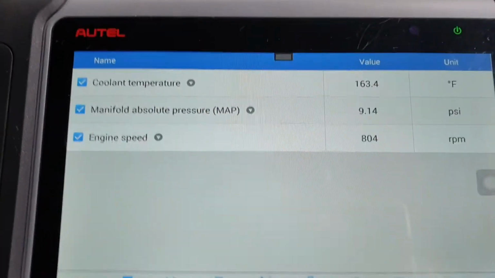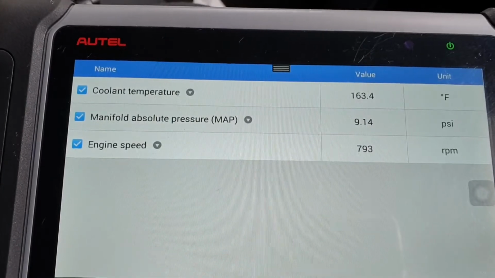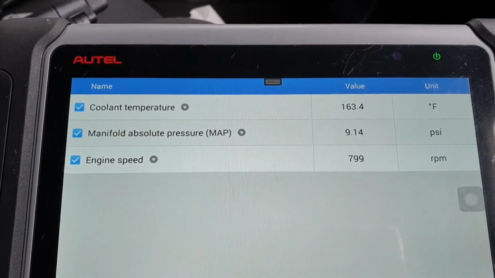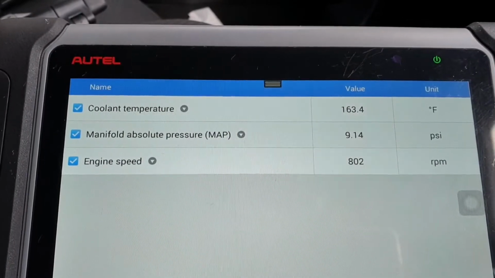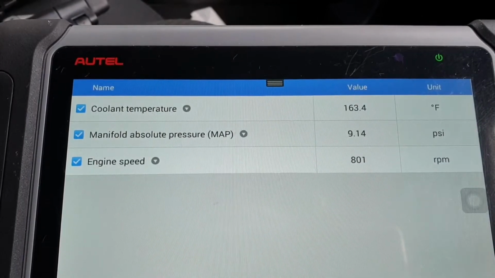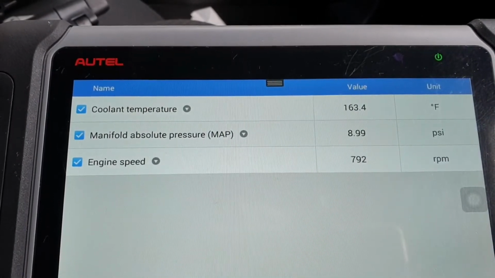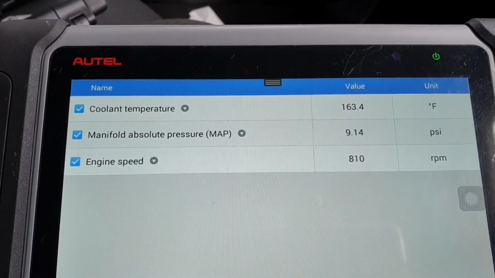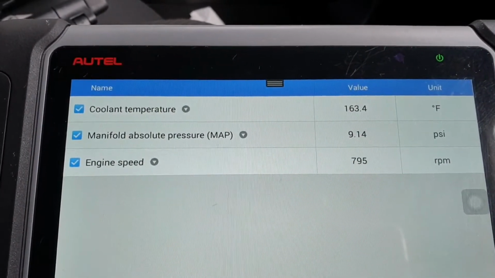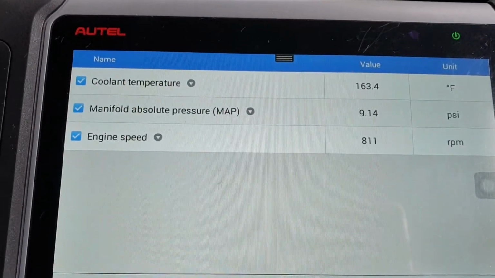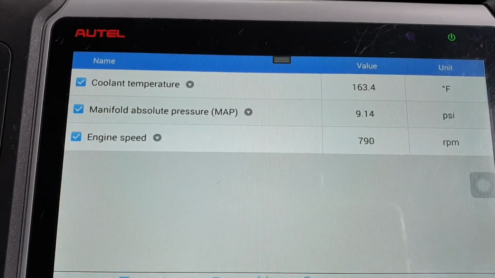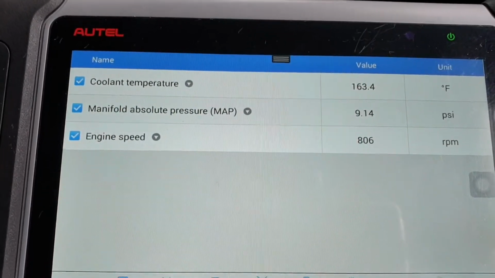So unfortunately the manifold absolute pressure did not change, in spite of the fact that we cleaned the inlet manifold and the inlet manifold ports to the inlet valves. The manifold absolute pressure still reads low.